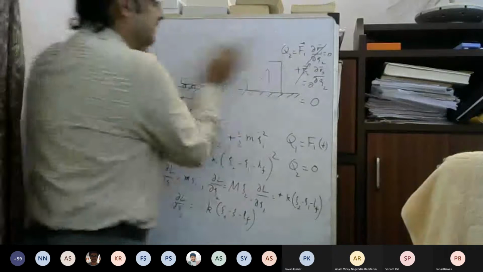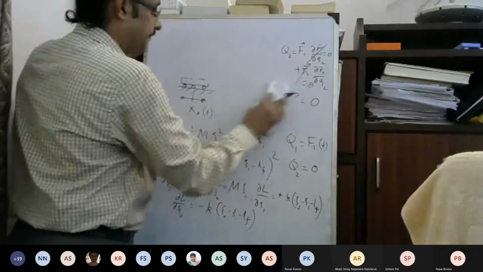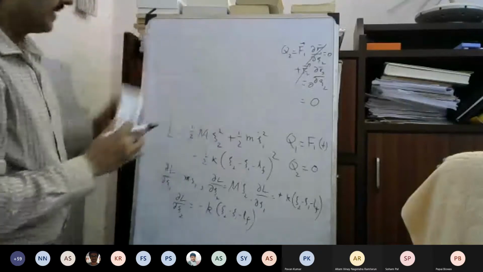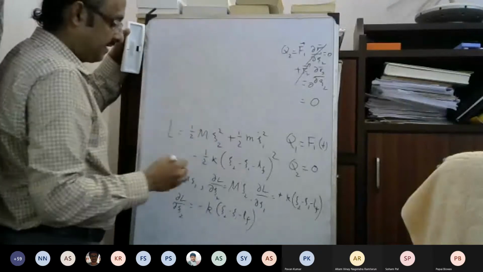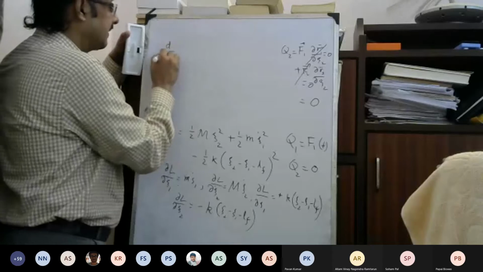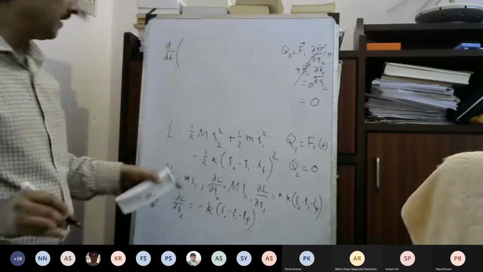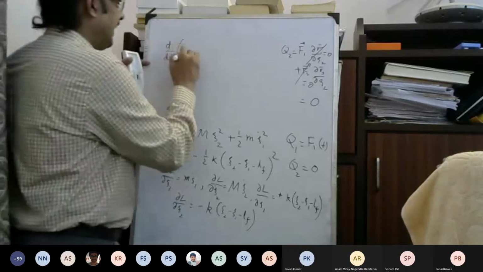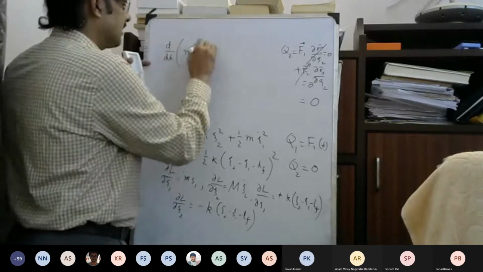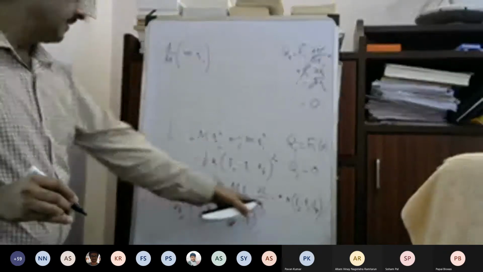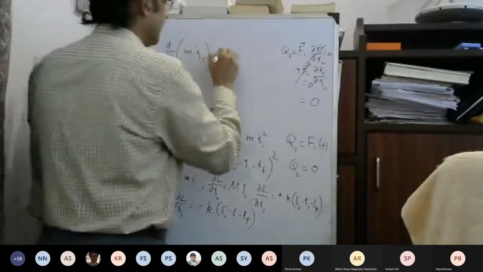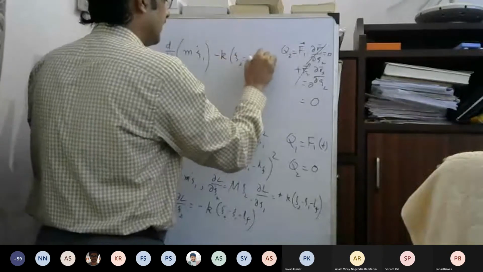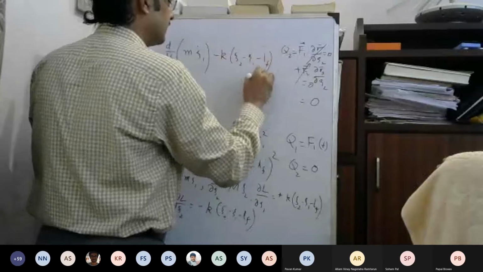Now if you write down the equation of motion, the first equation will be d/dt of del L del zeta 1 dot, so m zeta 1 double dot, minus k zeta 2 minus zeta 1 minus Lf, equal to F1.